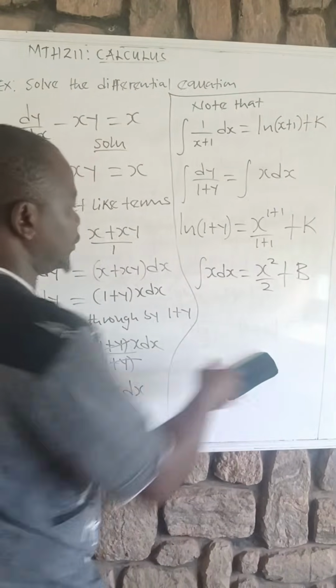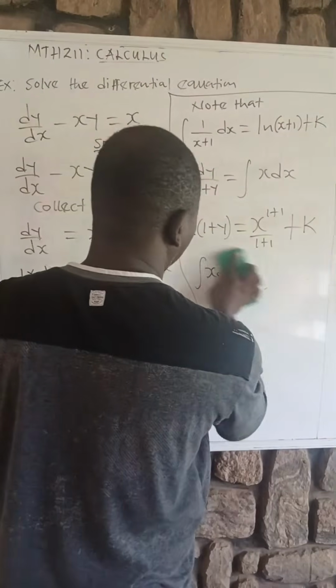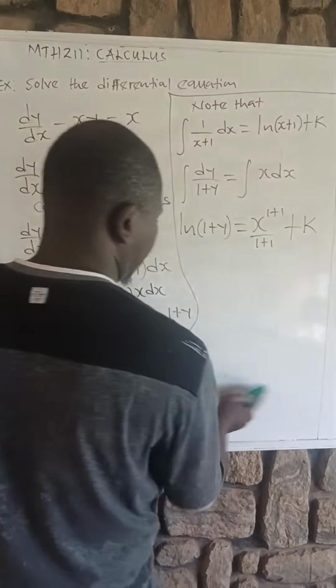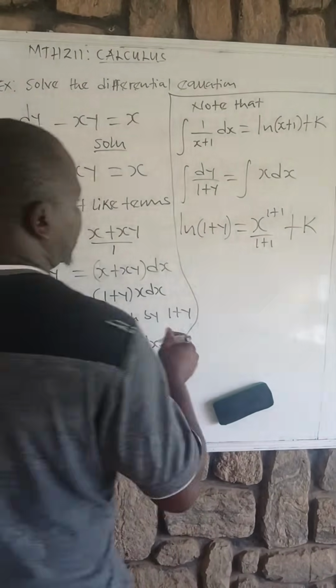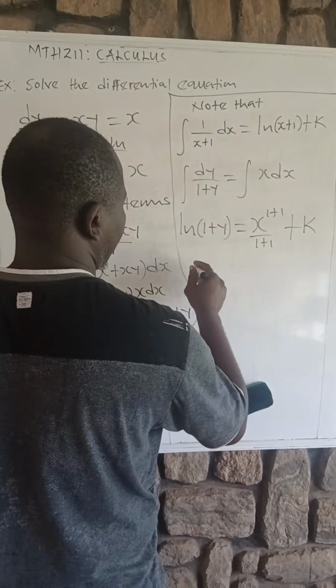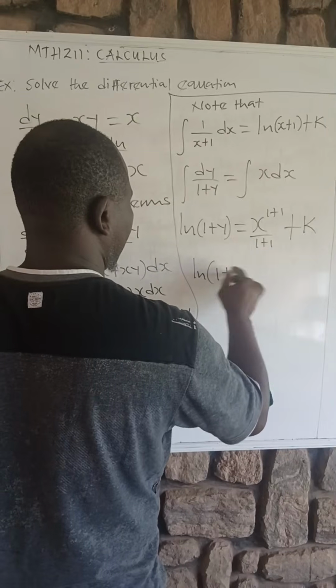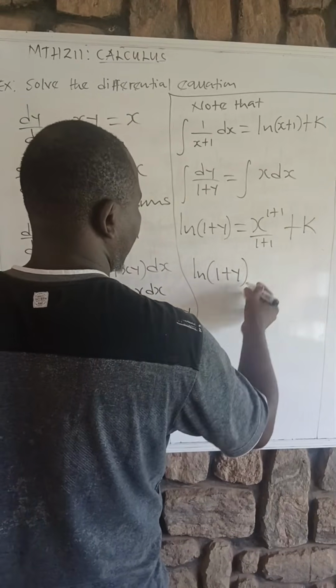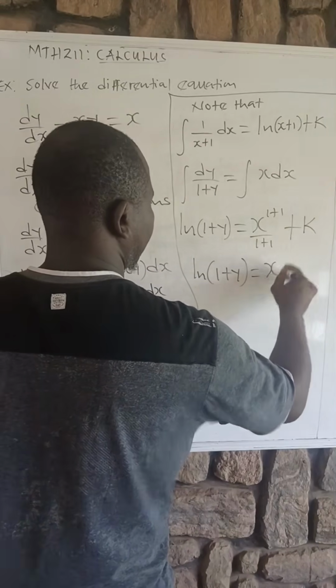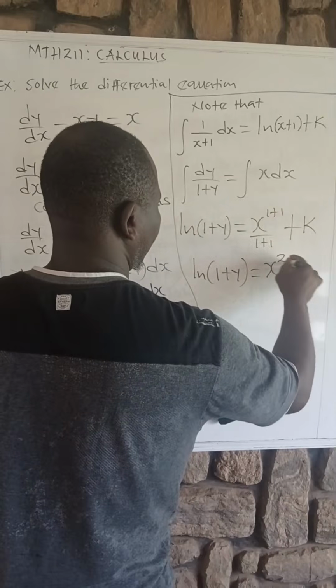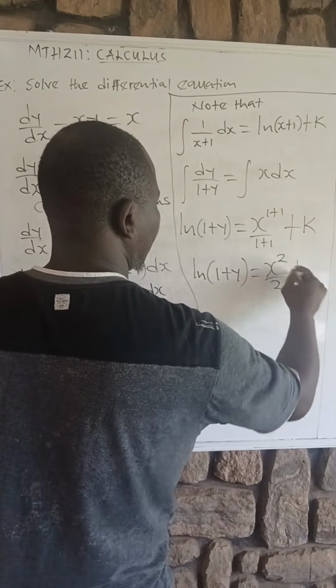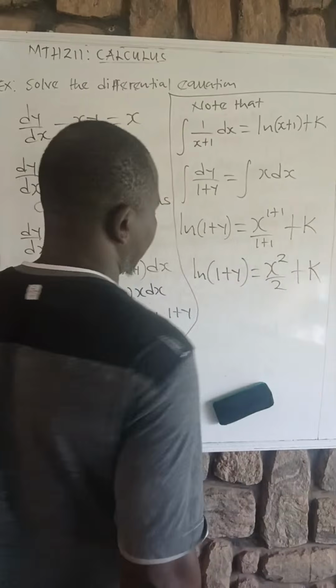Do you agree with me? So here we are going to have ln of 1 plus y equals x squared over 2 plus the constant.